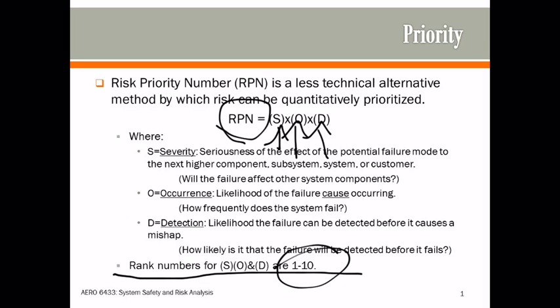So the RPN is used to compare the relative impact of a failure mode, the severity, likelihood, and ability to detect it. It helps us to determine which areas we need to prioritize to focus our efforts for risk mitigation. So let's go into each of these elements, severity, occurrence, and detection, in just a little bit more detail.